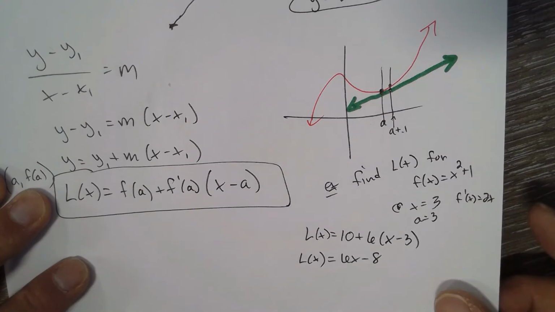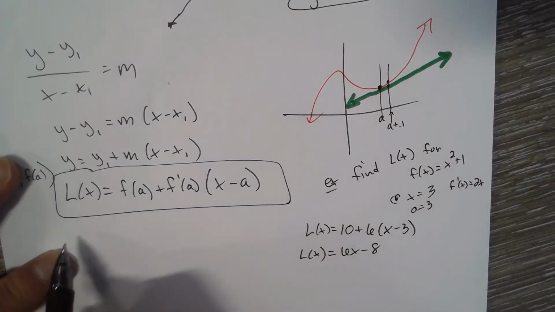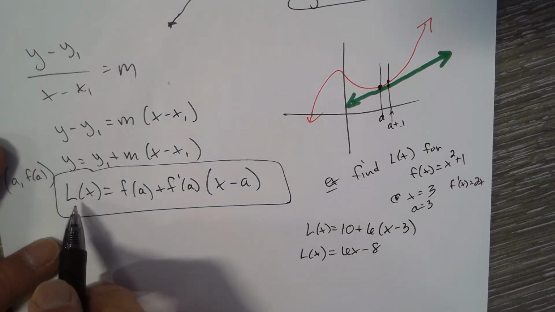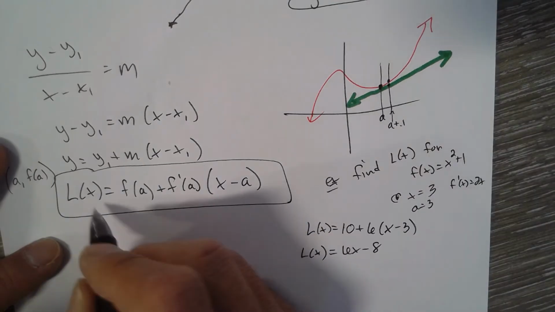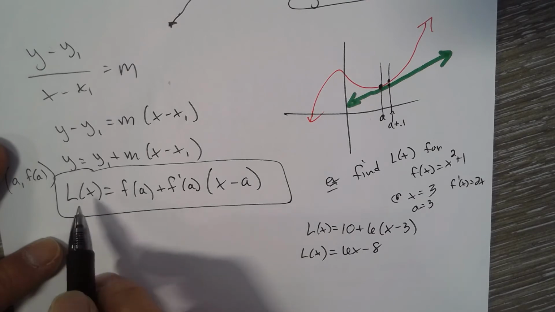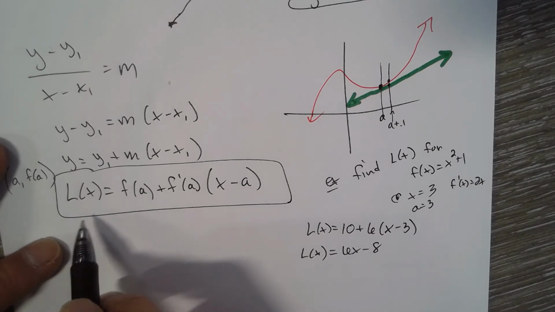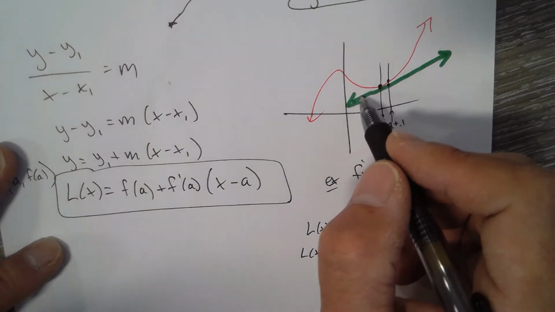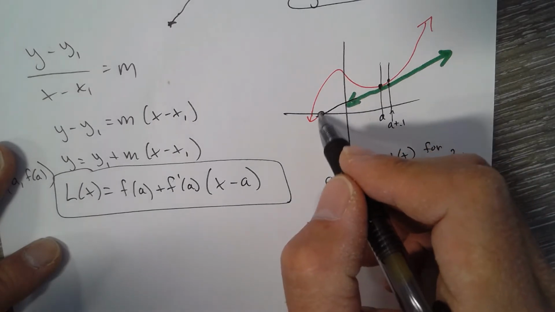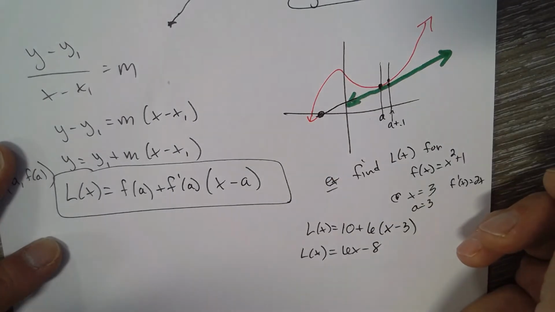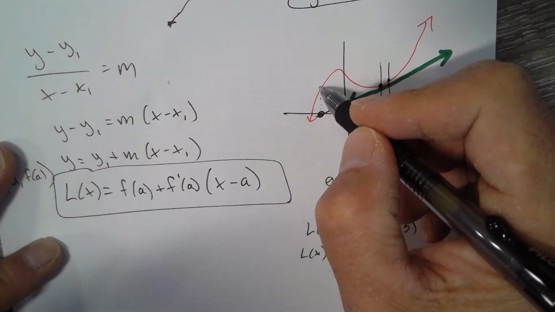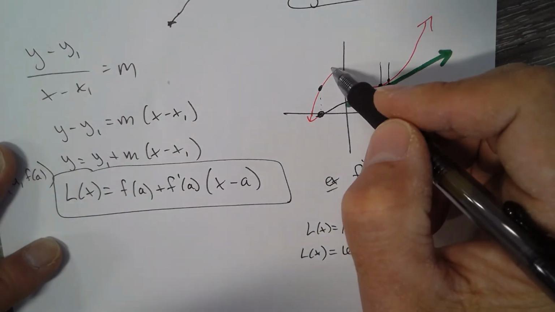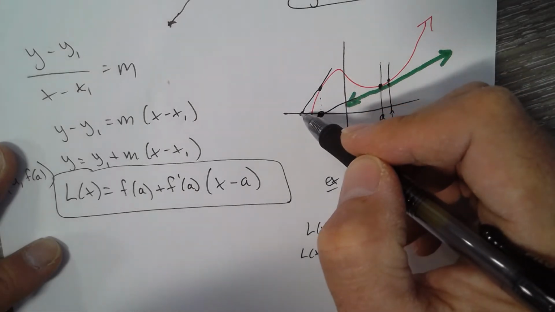Alright, so we're going to segue into Newton's method. Linearization: if we made our L of x 0, so back to the green line, if I want to know what the x-intercept is, it's right there. Then we use this as our next L of x, and we get here.